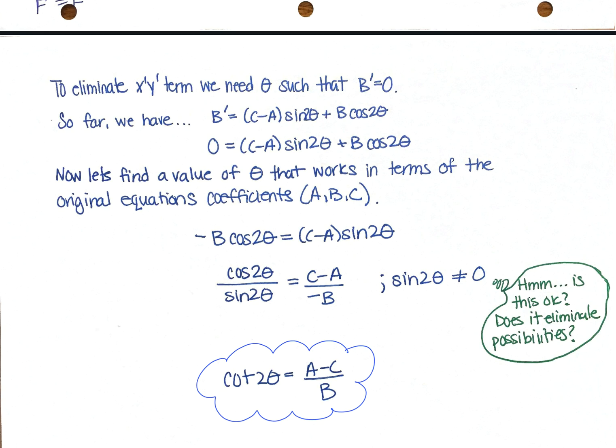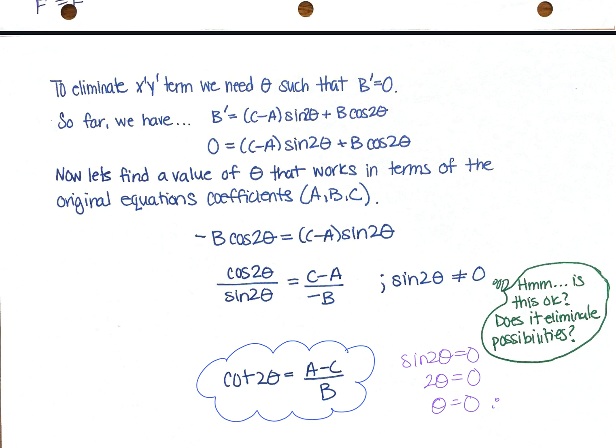Where is sine equal to 0? Well, sine is equal to 0 at 0 or 180 degrees. Then I would divide by 2, so theta is equal to 0. Well, if theta is equal to 0, then there's no rotation, so we don't have to worry about that.